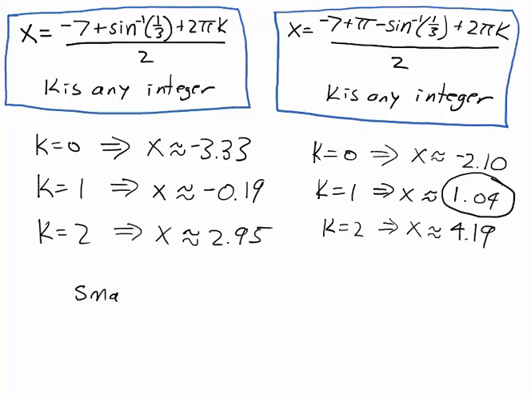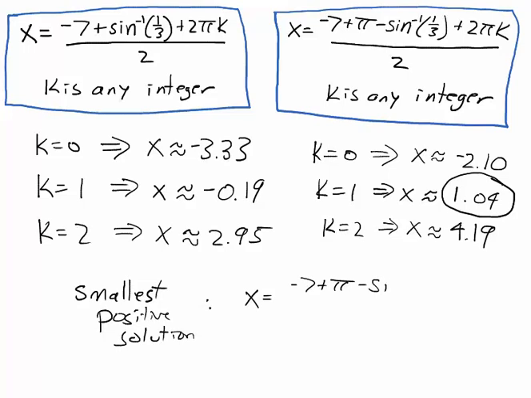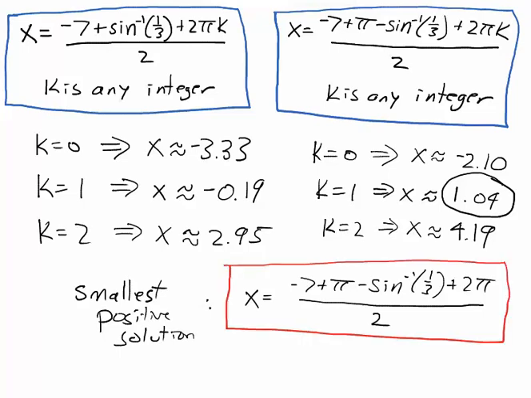So the smallest positive solution is x equal to negative 7 plus pi minus sine inverse of a third plus 2 pi times 1. I'm plugging in a 1 for k, so I'm not going to write times 1. All divided by 2. That's the exact value of the smallest positive solution, and it's approximately 1.04.